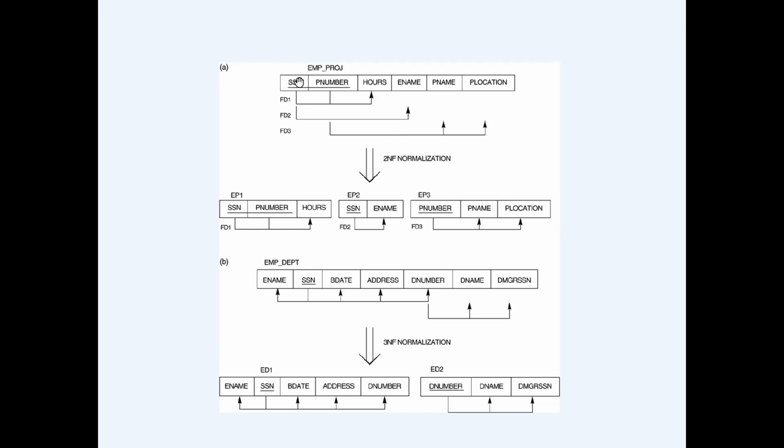We have employee project, which can be used to determine the number of hours. And employee name: only social security number is going to functionally determine employee name. Using project number, we are going to determine project name and project location. So that means this is a violation of second normal form.